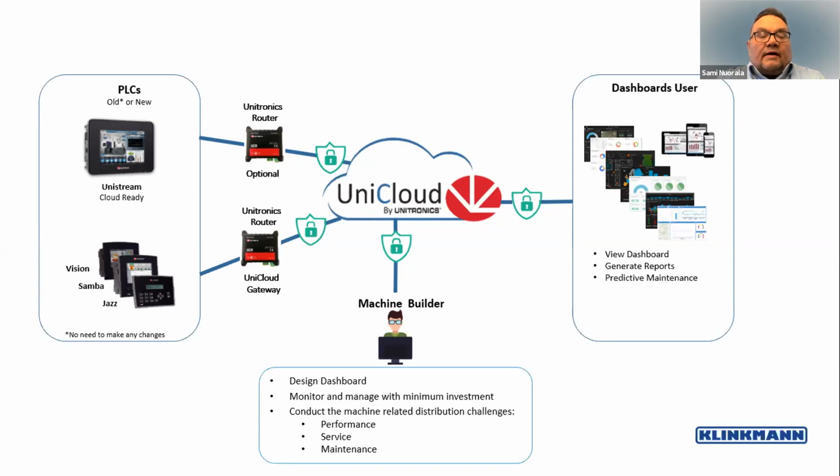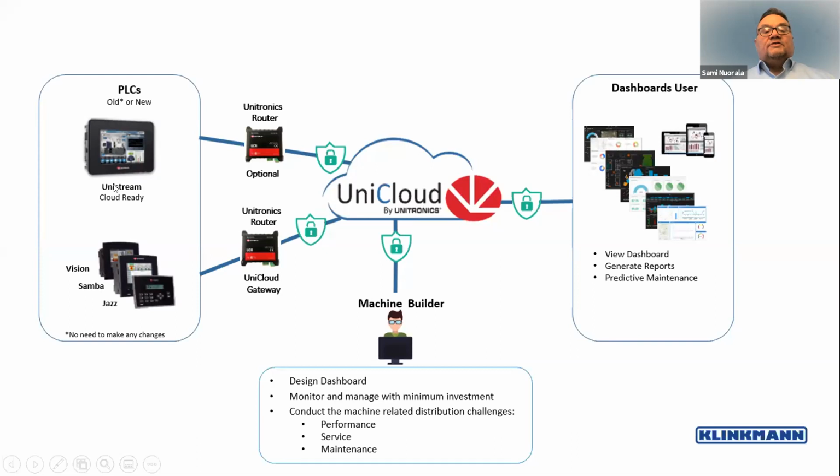That will modify the data so that it's possible to collect with UniCloud. And nobody's saying that it's one location only. A machine builder can have the design dashboard, and users have totally different secure dashboards.